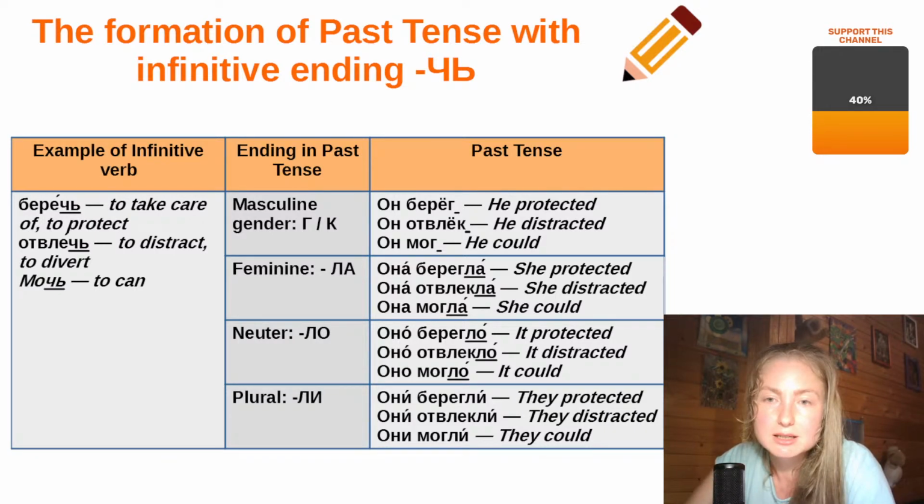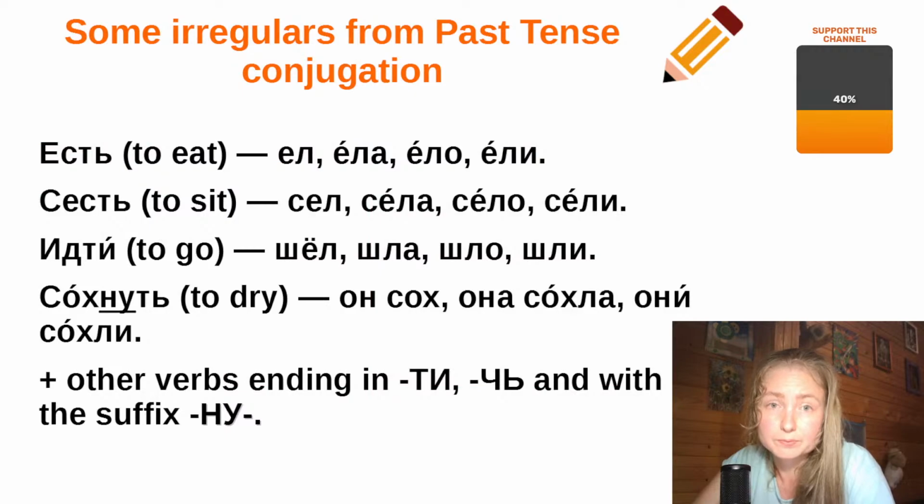Okay, and the last thing for today, it's of course some irregulars. Some irregular verbs from past tense conjugation. Today I will talk very shortly about them, but I want to make a video, maybe it will be my next video, about all possible irregulars in the past tense.